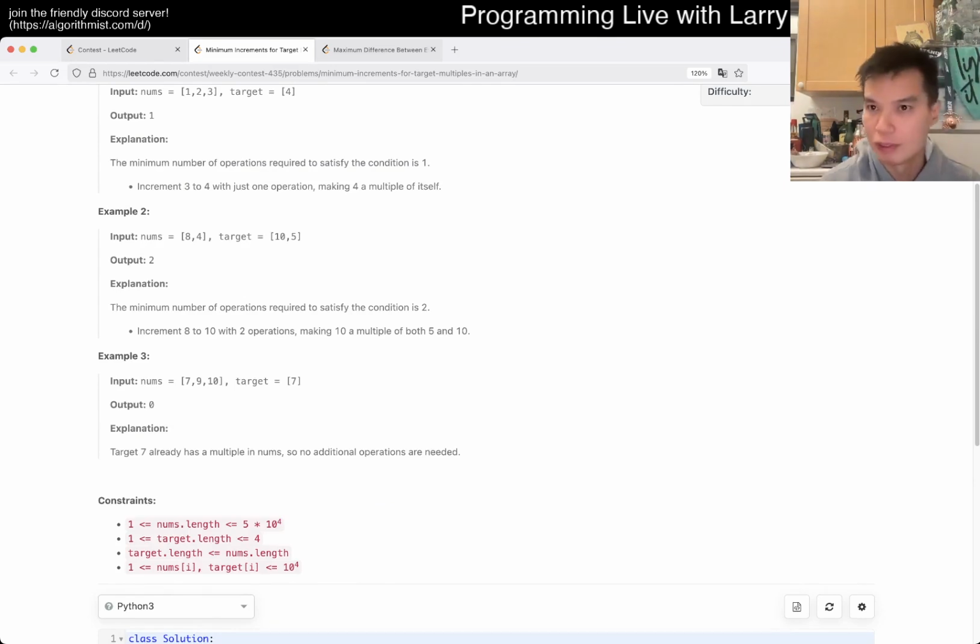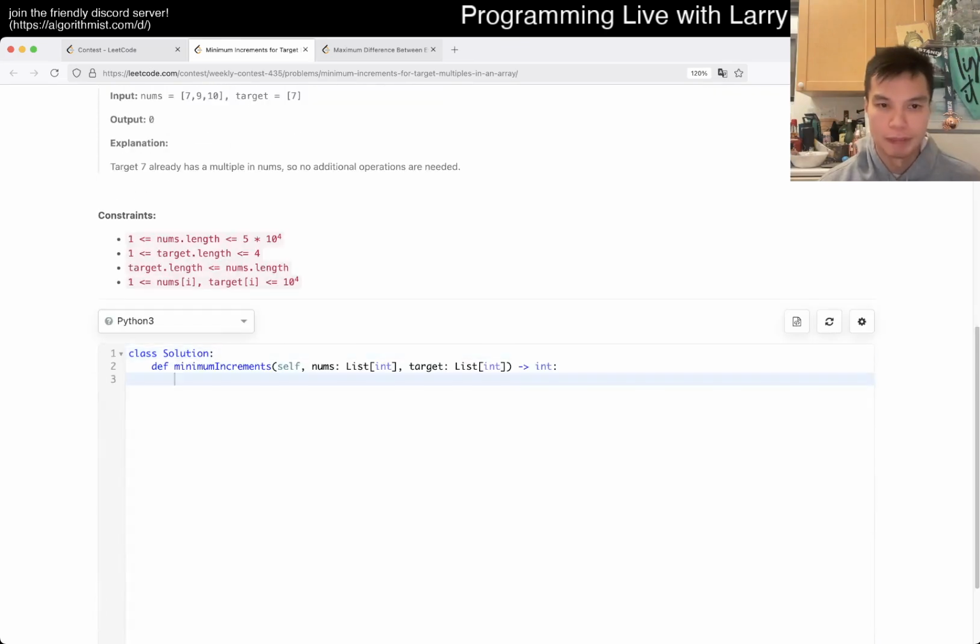I mean, we could brute force it. What is the combination there? I don't know. 4 numbers is easy to brute force. It's not 2 to the 4.